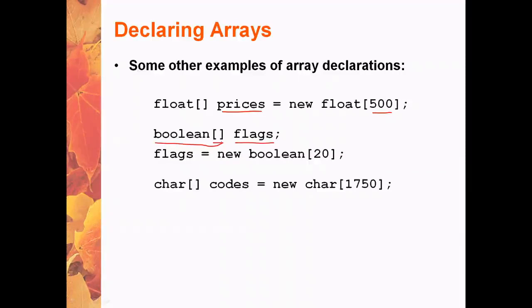You can declare the variable first, that is flags, then instantiate it using flags is equals to new boolean of 20. We can even have a character array by using the syntax char array brackets, variable name, new char 1750. So this is a typical declaration of an array in the Java programming language.